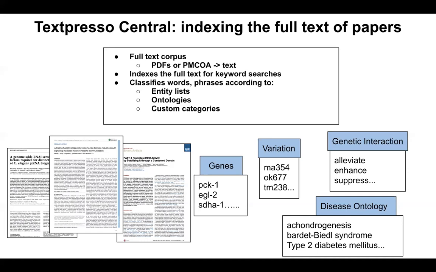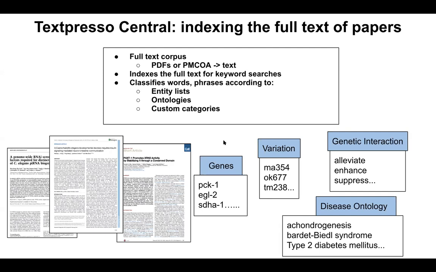And then additionally, it classifies the words and phrases in the full text according to WormBase entity lists, ontologies that are used for WormBase curation, and some custom categories that we've created at WormBase that we use for curation that would also be very helpful for the community to find specific pieces of information.